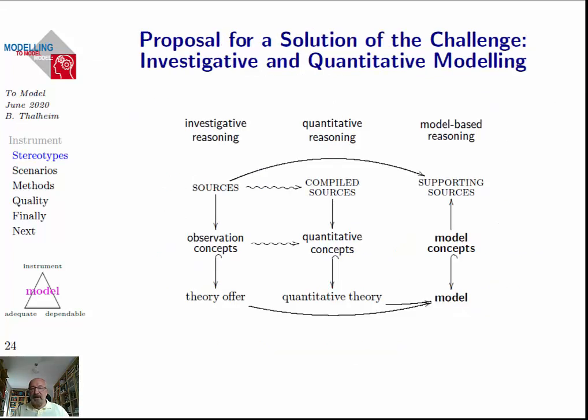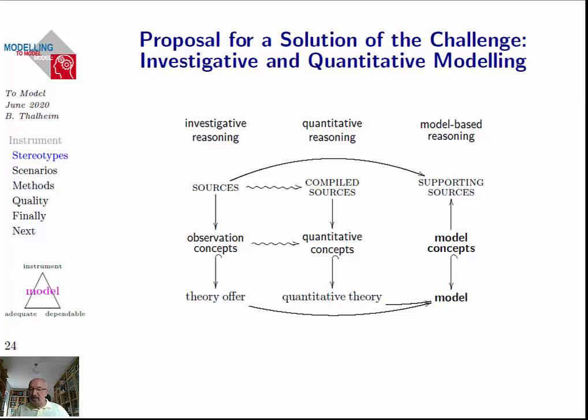Okay, then in this case we would have now, based on our investigative reasoning, some kind of quantitative reasoning, and we could represent the whole thing by models. In this case we are using modeling with model concepts, and we develop a model that is somehow reflecting the quantitative theory and the theory offer.